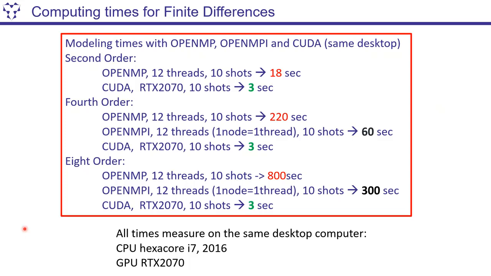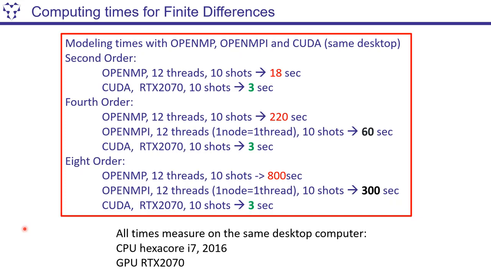Now, the efficiencies achieved with the GPU become more and more interesting as we go into more complex operations. For example, if we increase the order of the finite difference, we can see that if we do that in CPU, either using the shared memory model of OpenMP or the distributed model of clusters using OpenMPI, we see in both cases the computational cost increases practically linearly with the complexity of the calculation.